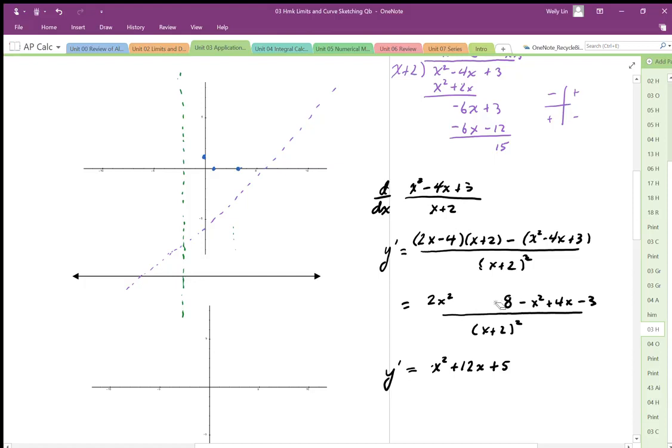Okay, so then it becomes minus 8 minus x squared plus 4x minus 3. So x squared plus 4x minus 11.